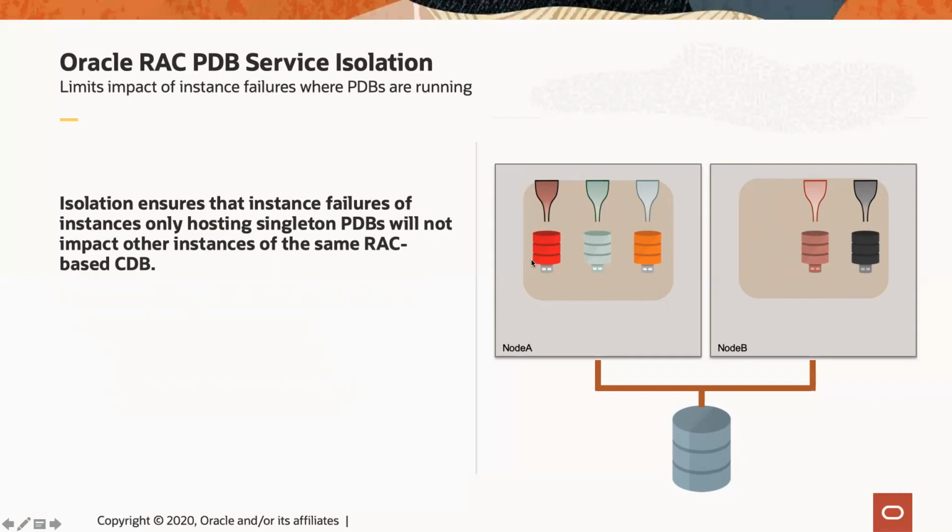As you can see in this case, the PDBs are mounted such that the services are gray and brown on node B, and yellow, light green, and red on node A. Now, if any node is evicted, planned or unplanned, these others do not have to care, because their changes are not even on node A. So we don't have to go through this lengthy reconfiguration process, which is what the PDB service level isolation feature provides.